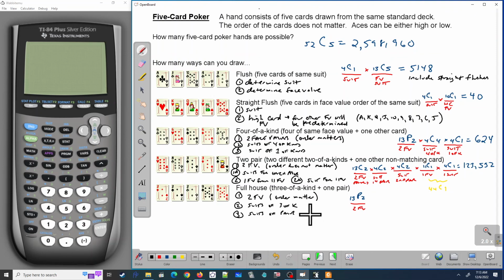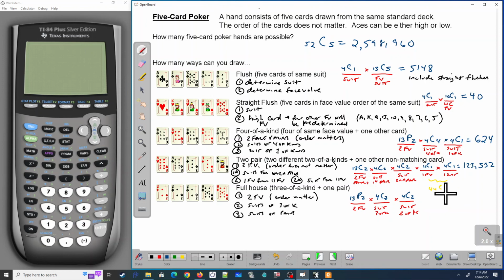And so the math for this is going to simply go multiply by suit 3 of kind times suit 2 of kind. Sorry for this kind of lousy handwriting, but that's why you're getting the kind of documentation on this. 13P2 is going to be multiplied by 4C3 and then followed by 4C2. Again, I have to reset, especially here, because if I choose 3 suits, I'll only have 1 suit remaining for 2 cards.